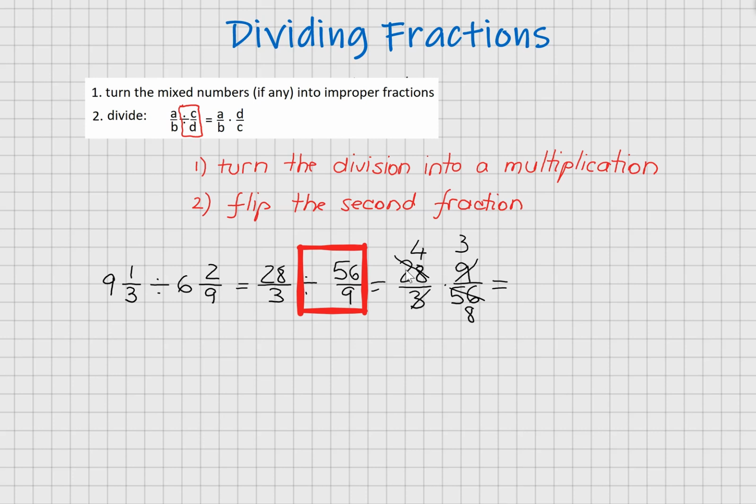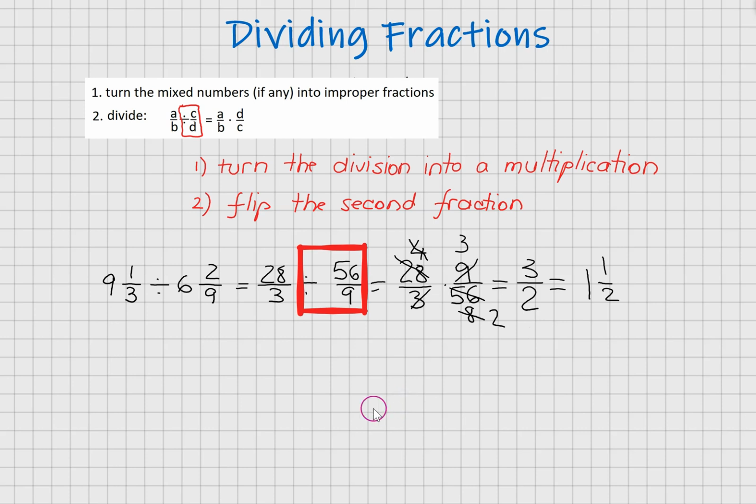And I can still simplify the 4 and the 8 by 4. So 4 divided by 4 is 1. 8 divided by 4 is 2. The answer is 1 times 3, 3, over 1 times 2, 2. Don't forget, turn it into a mixed number, 1 whole and 1 over 2.